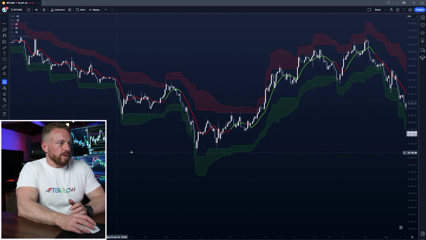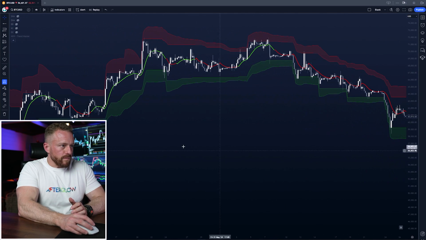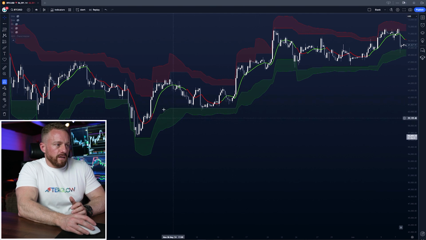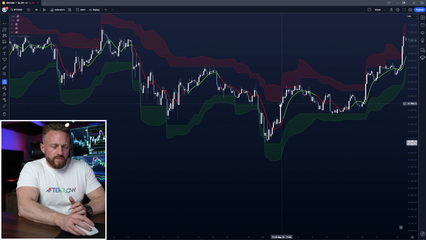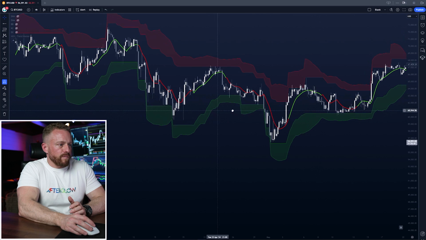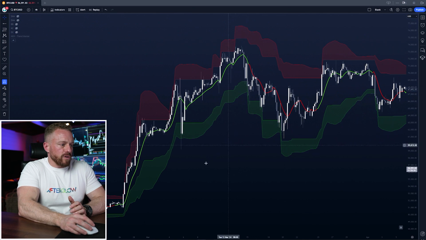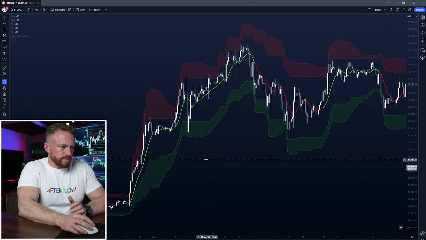Let's go back a bit in the price action. So here, you can see the wicks into the cloud are relatively small, so we're not getting that much of a reaction there. Whereas let's find one that had a much stronger reaction.